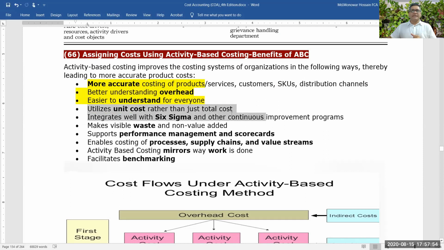It utilizes unit cost rather than just total cost, integrates well with Six Sigma and other continuous improvement programs, and makes visible waste and non-value-added activities. It supports performance management and the scorecard, enables costing of processes, supply chain and value stream, and activity costing mirrors where the work is done. It also facilitates benchmarking. These are the benefits of ABC.